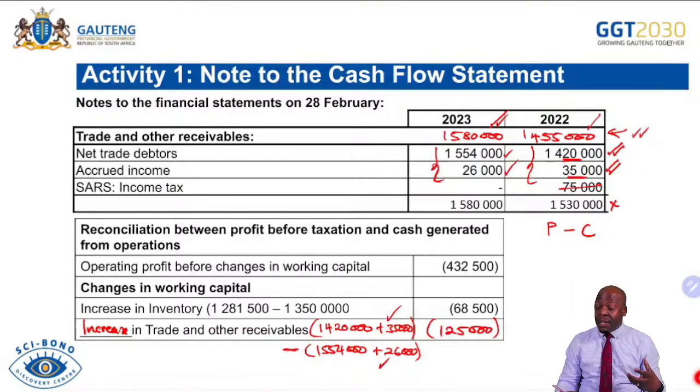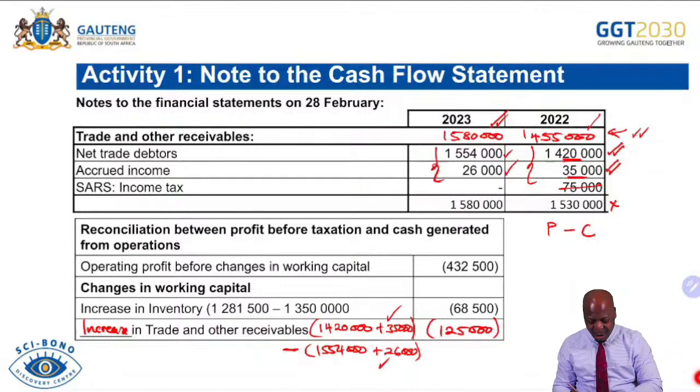An increase in trade and other receivables is a cash outflow, because when trade and other receivables are decreasing, it means our debtors are paying. When debtors are paying, cash is coming in. So a decrease, on the other hand, would have been a cash inflow.